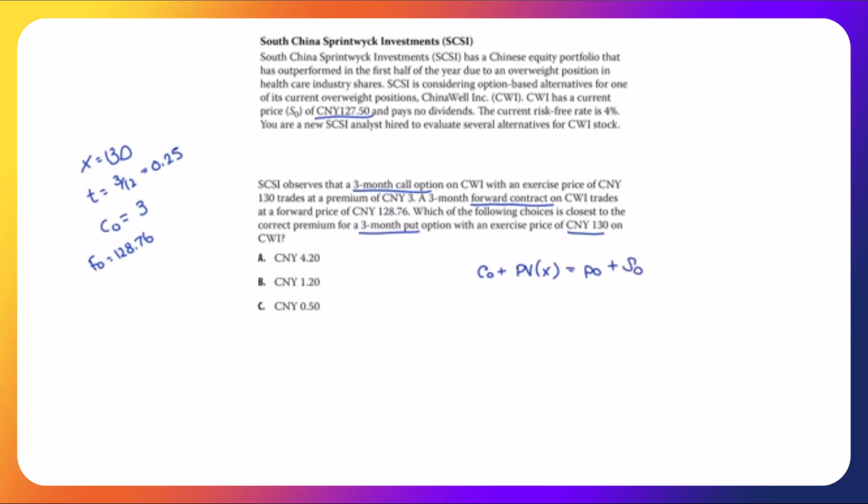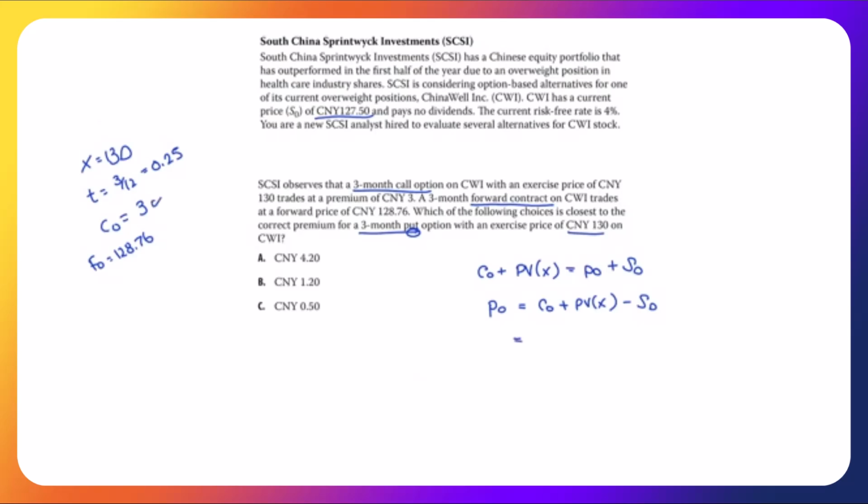C0 plus PVX equals P0 plus S0. We are looking to calculate the correct premium for the put. Let's isolate the put, so we knock off S0 from both sides. Would leave us C0 plus PVX minus S0.